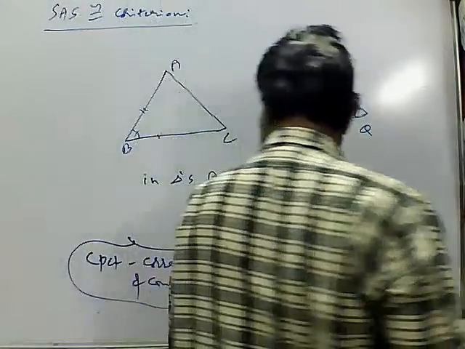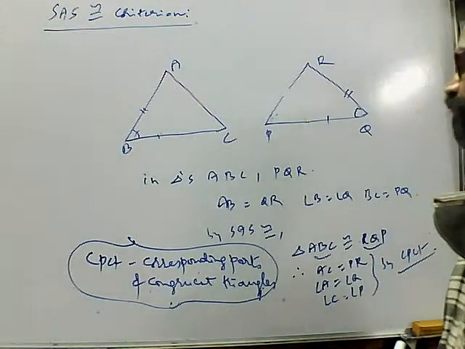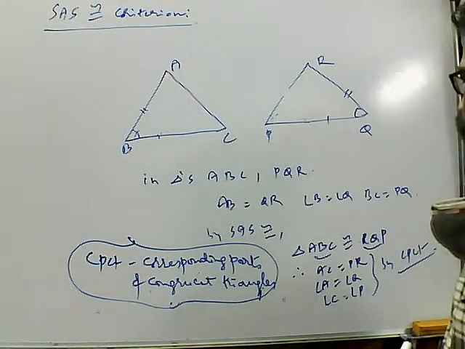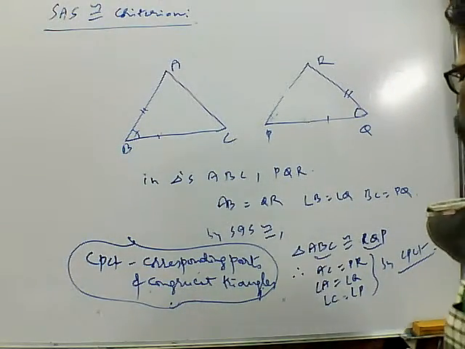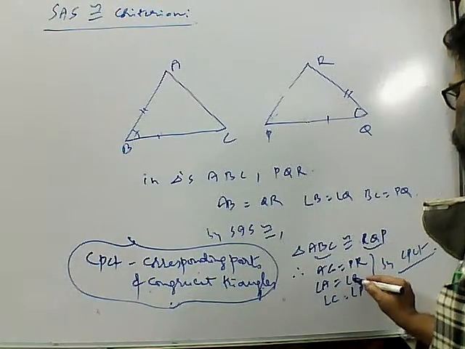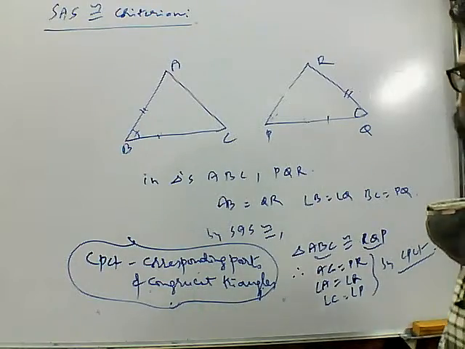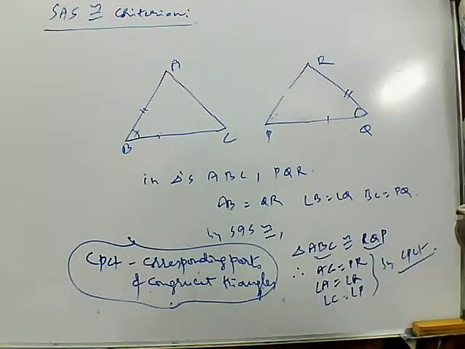This is called corresponding parts of congruent triangles. So ABC is congruent to RQP, so AC is equal to PR, angle A is equal to angle R, angle C is equal to angle P. This is by CPCT.